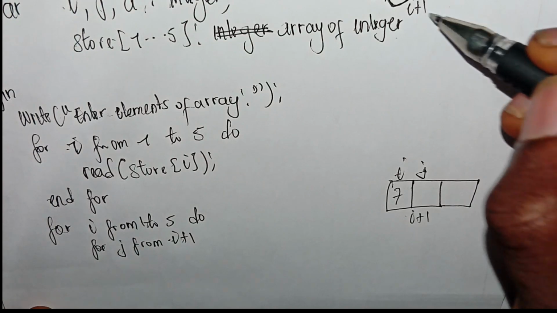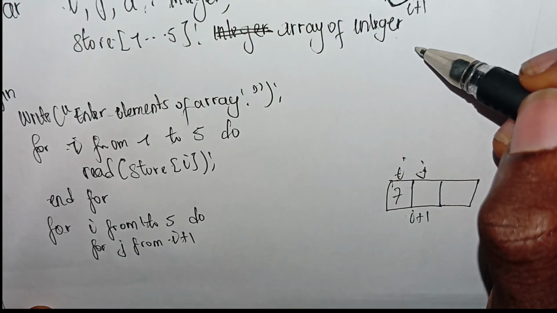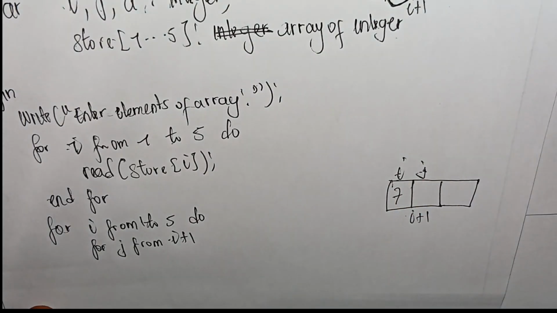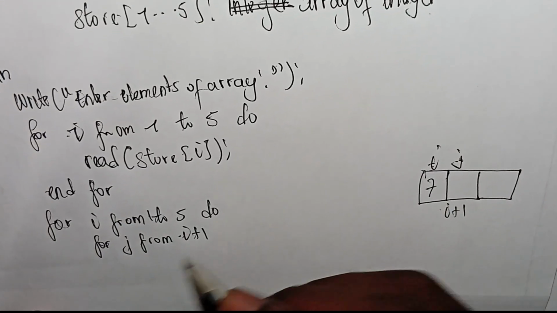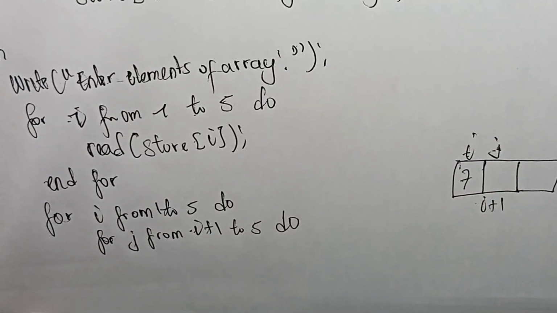We could always still use one loop as we did here, and we can manipulate I plus 1 and I. Well, this is a convenient way and a more beginner friendly way. So from I plus 1 to 5 do.